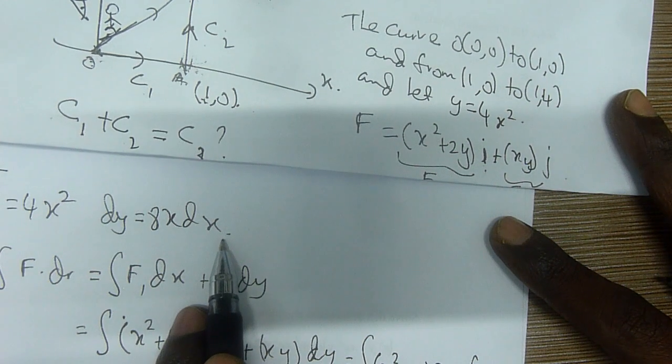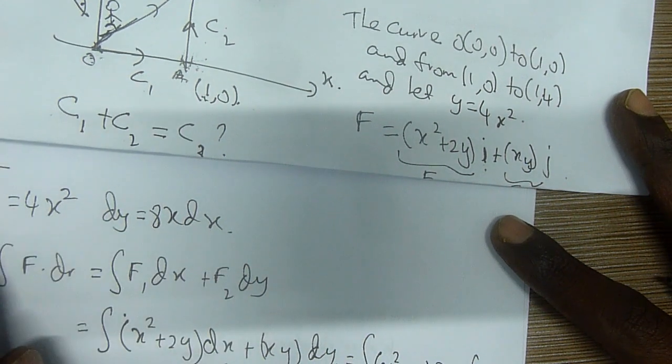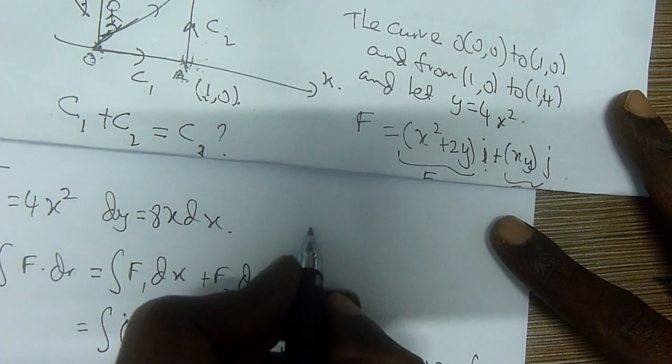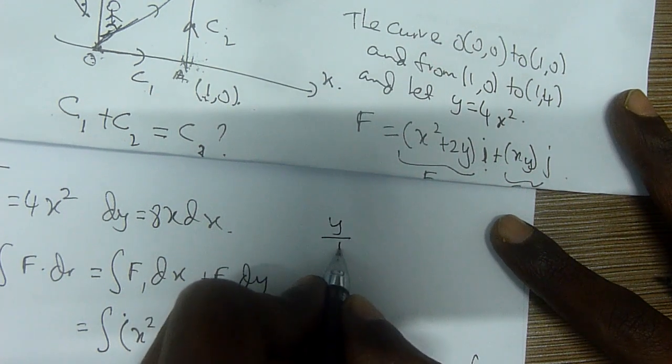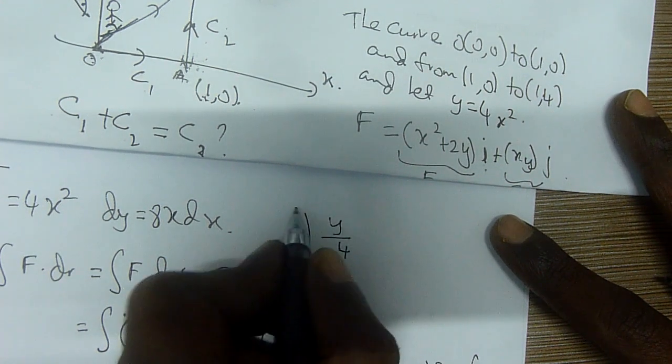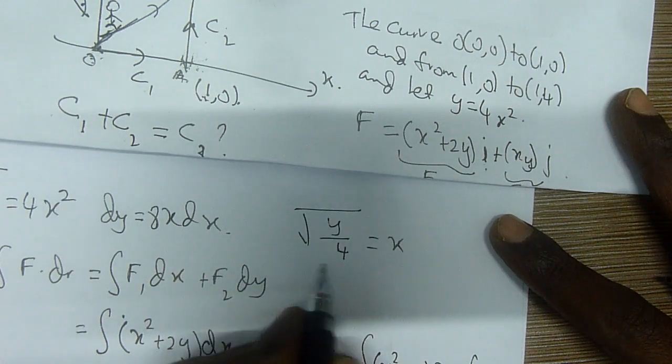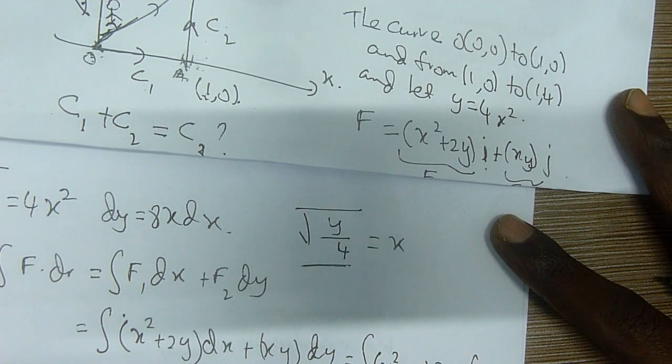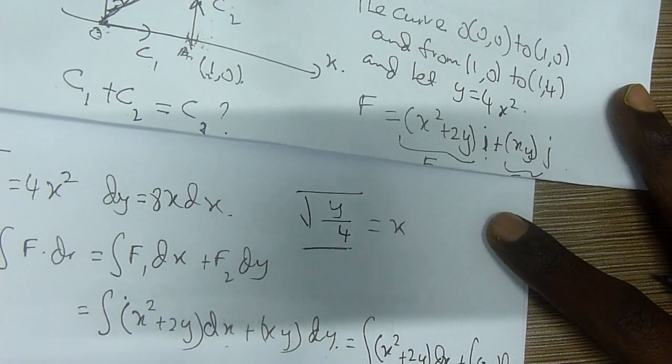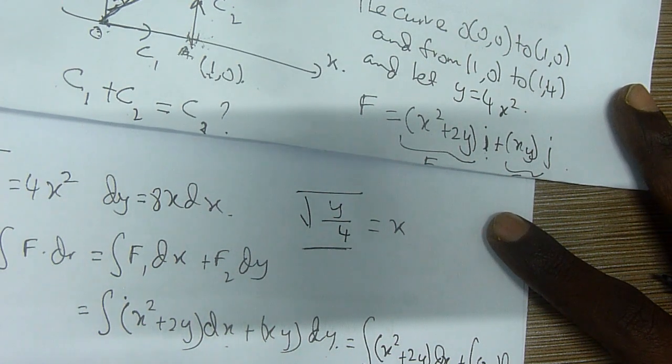Some of you say, no, I would like to use dy, but it's a little bit complicated. Y divided by 4, square root is x. Do you prefer to substitute this here? No, I don't think I prefer to do that. Therefore, I repeat, find the easiest way to solve.